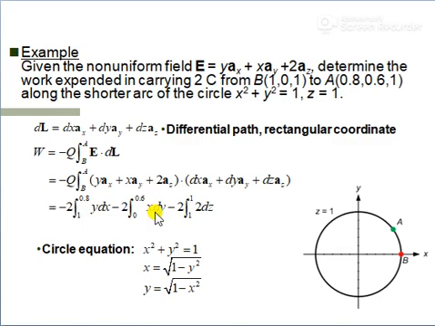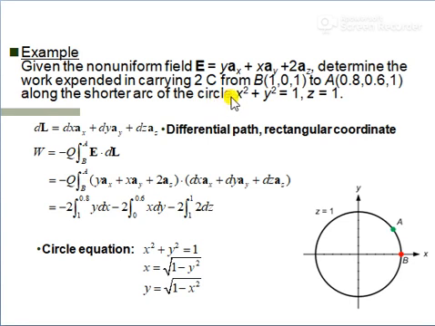Now we'll see an example for evaluating the value of a line integral. Given a non-uniform field E is equal to y ax plus x ay plus 2 az, determine the work expended in carrying a 2-coulomb charge from point B, that is (1, 0, 1), to point A, (0.8, 0.6, 1), along the shorter arc of the circle x squared plus y squared is equal to 1 and z is equal to 1.